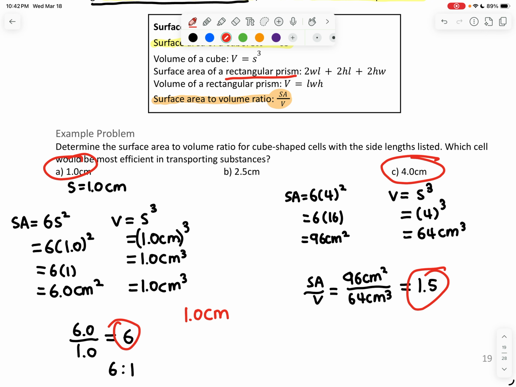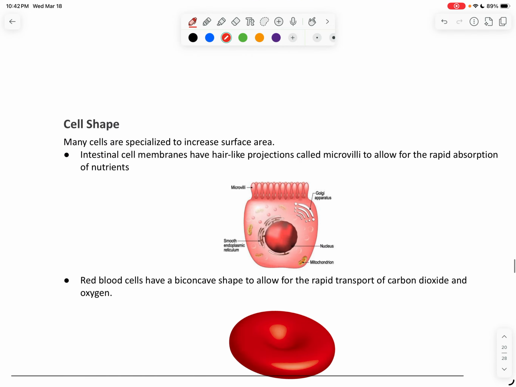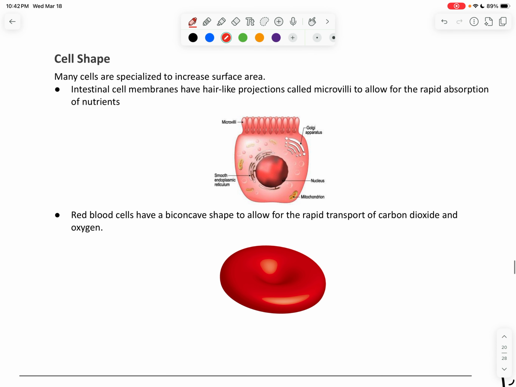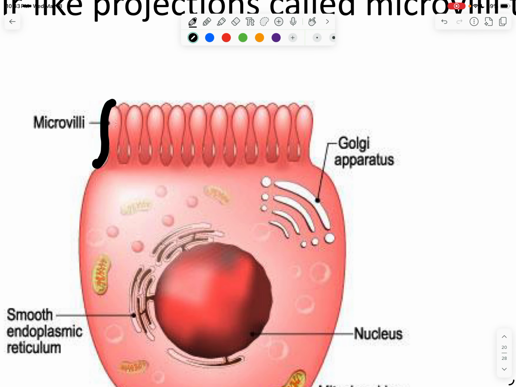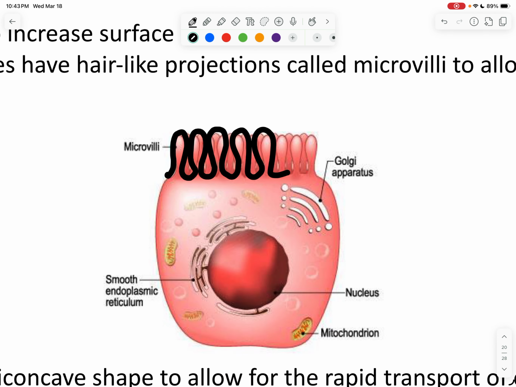That's also why a lot of insects are very tiny, because they're a lot more efficient that way. So I don't really have a real photo with me, but if you look at your intestine, which I assume you haven't looked at your own intestine, because I still haven't looked at mine yet, they look like these. I'm gonna zoom in, and they look like a wiggly bunch of sausages sticking out.